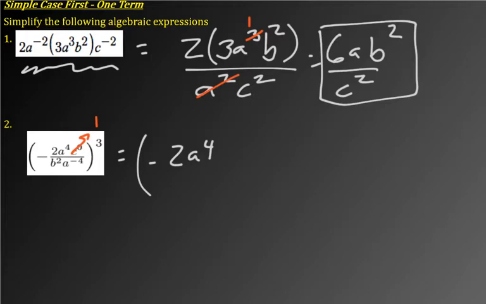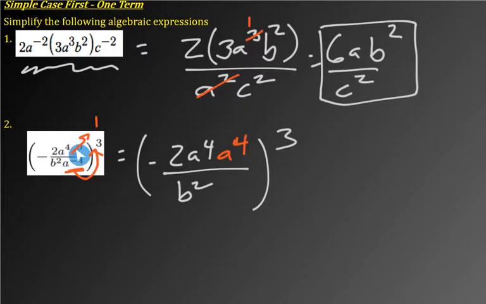And then we also have this a to the 4th here with a negative on the bottom, which means that's going to flip to the top. So we're going to have that. And then we still got b squared. We didn't do anything with that. And we got a cube. So all I did there was deal with the 0 exponent, which is 1, just disappears from the problem. And then this pops up to the top because it's a negative on the bottom.